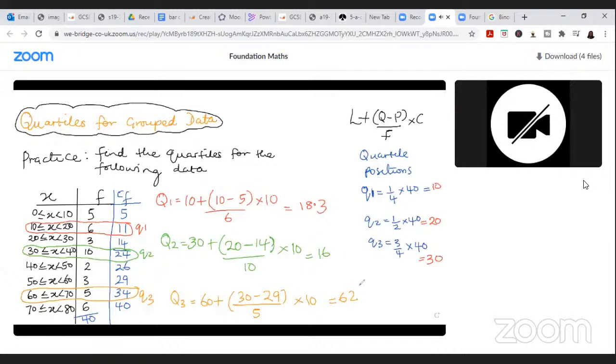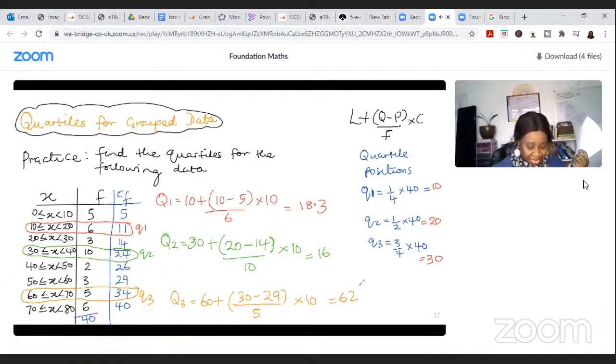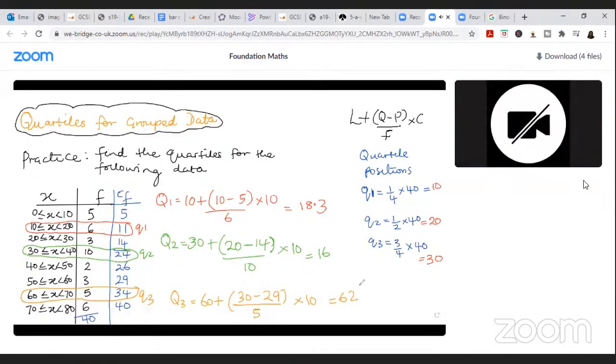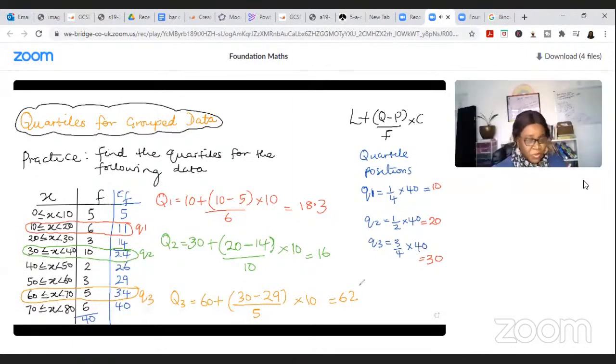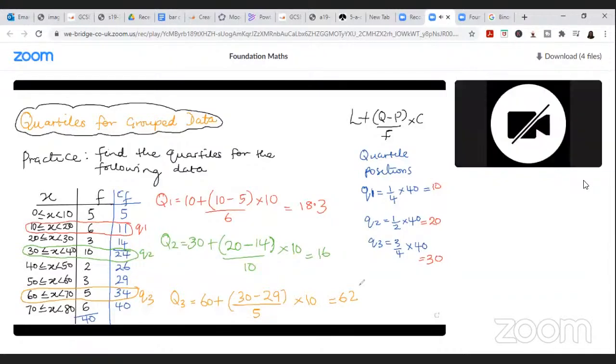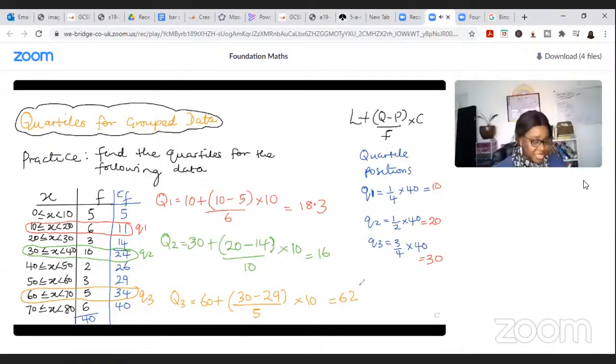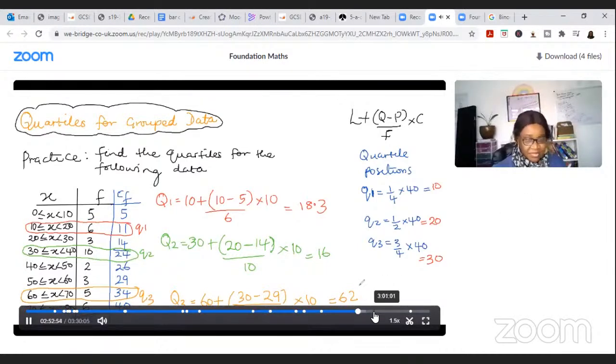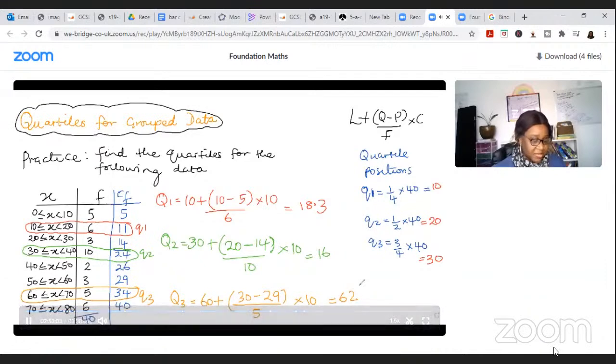Number 2, I got 36 instead of 16. I'll check them now. I just want to put them on the board first, so let's do that together. 30 plus 20, no, it is 20 minus 14 over 10 times 10.